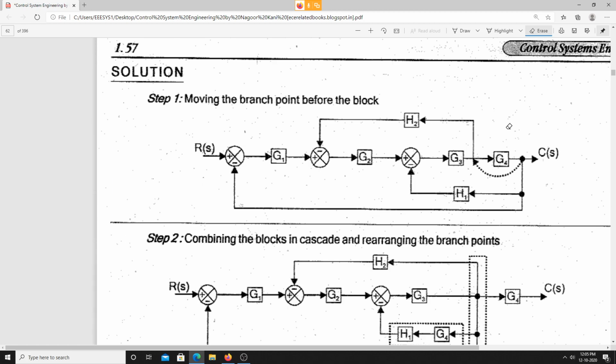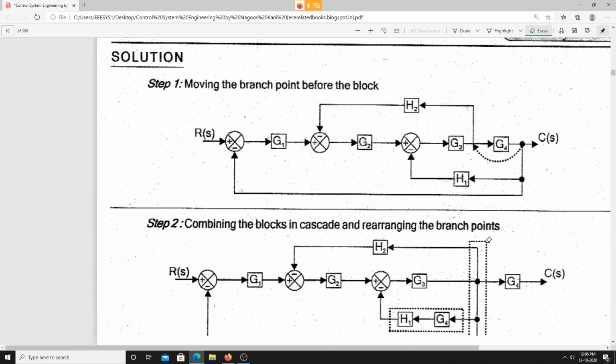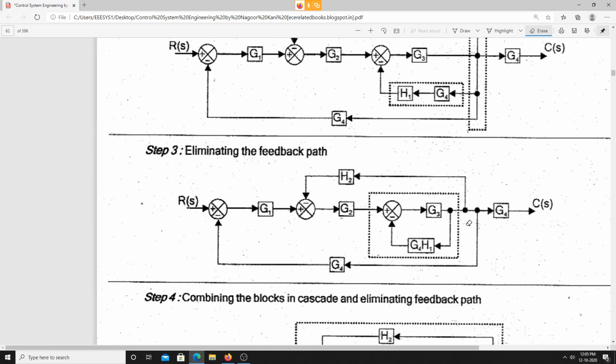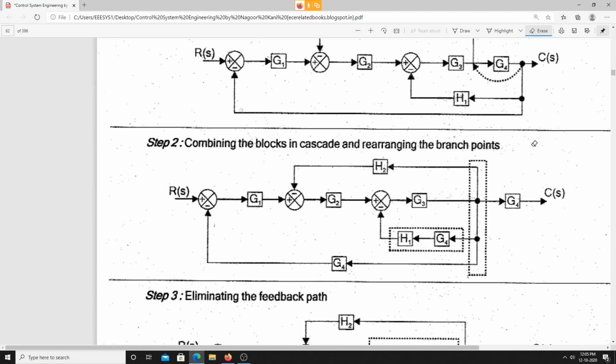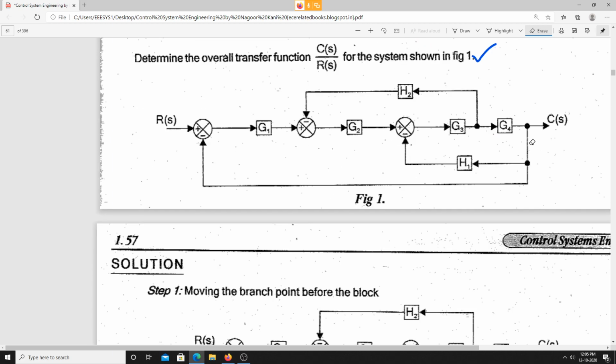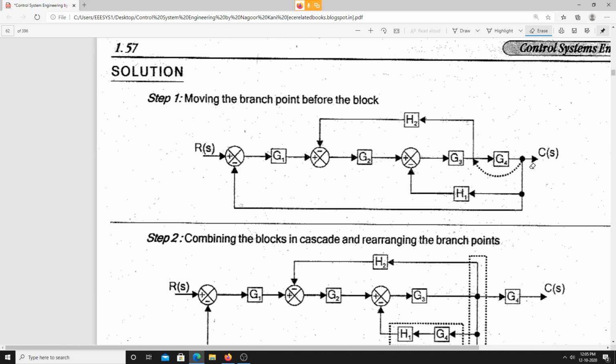After shifting the branch point there, first of all this can be eliminated, this block can be eliminated, and next this one can be eliminated, and finally this block can be eliminated. Is it clear?